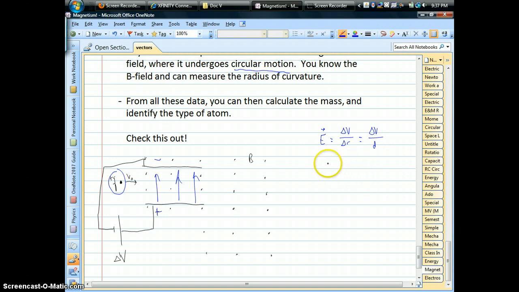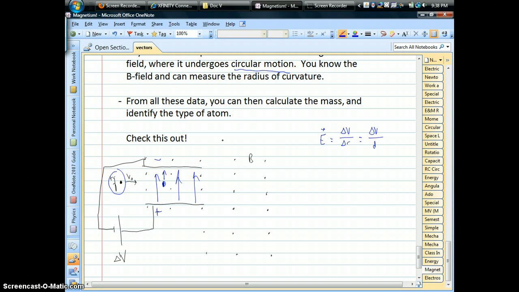Now, when a positive particle is inside that region, inside an electric field pointing upwards, it's going to feel an electric force pointing upwards. So if that's all we had, this thing would basically go into projectile motion, and it would crash into the plate on the upside.